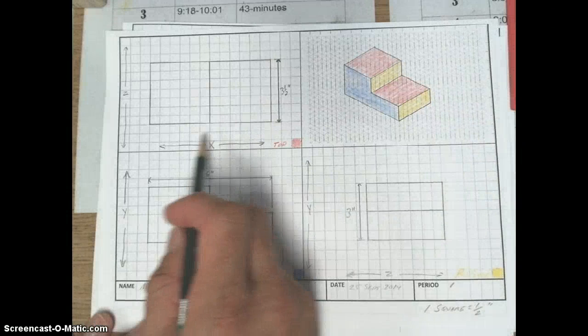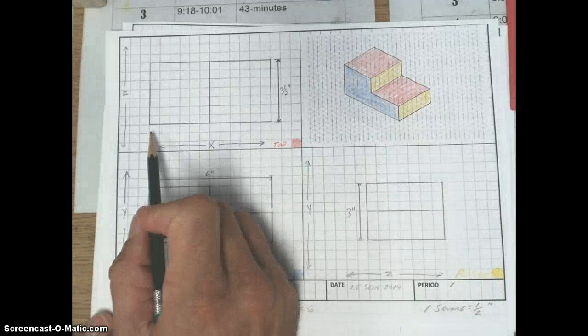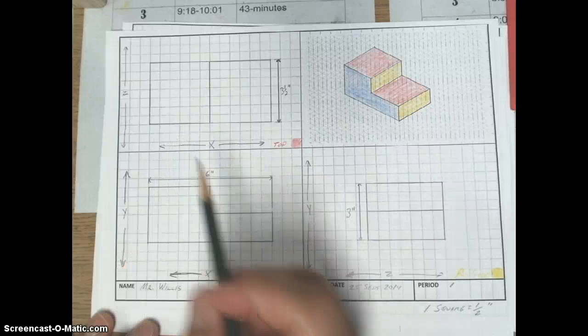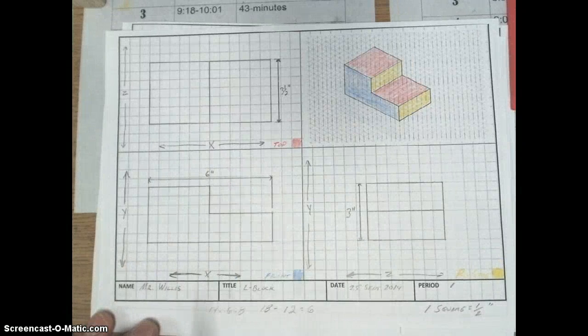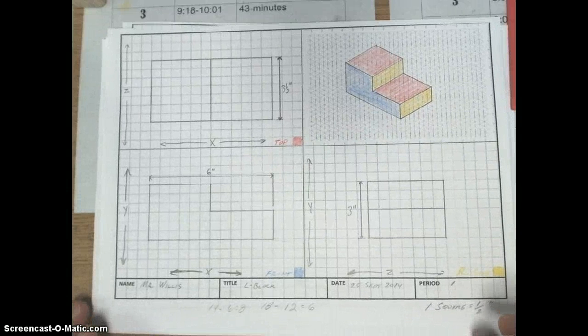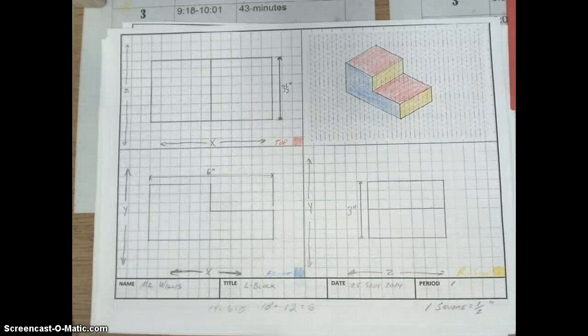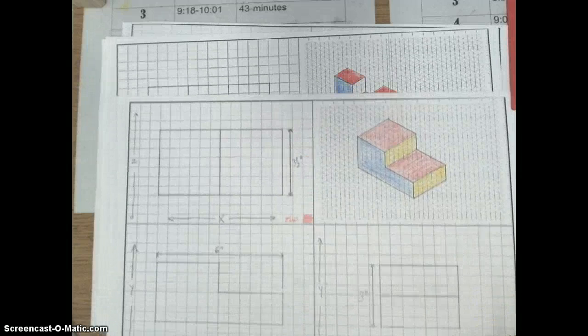What about up here? Oh. Like from the left line to the middle line? Yeah, I'd want like maybe this dimension, which is 3, and then I would automatically know that the other one is 3 just based on looking at the other view. Okay? But for what we're going to do, especially just starting out, we're going to go with one dimension in each view. One for X, one for Y, one for Z. Okay? Make pretty good sense so far? Yeah. Let's look at the U-block.